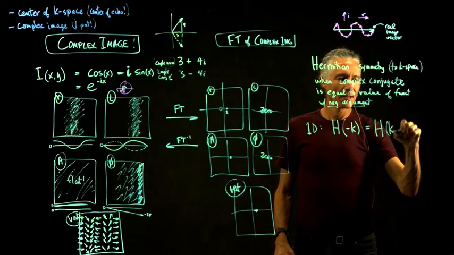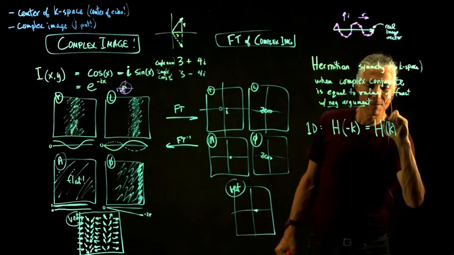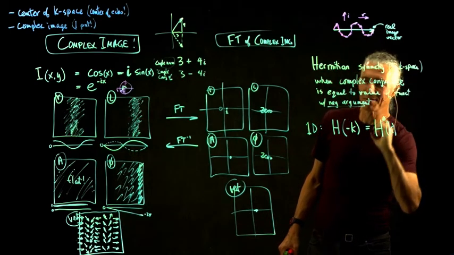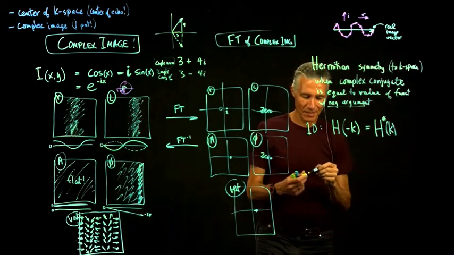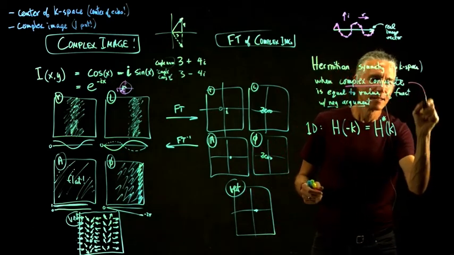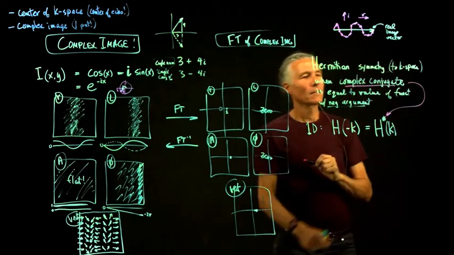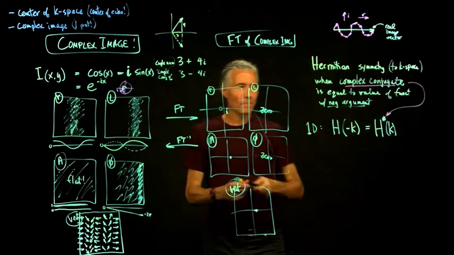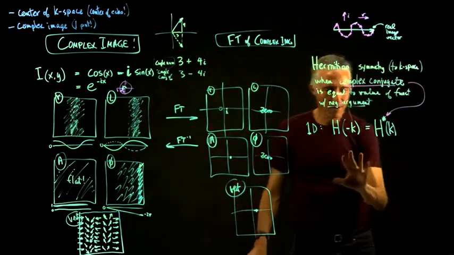For better or worse, there are many different ways of writing out the complex conjugate, which is quite irritating, but that's one example. So complex conjugate, that's what that means. So let's sort of unpack what this means.